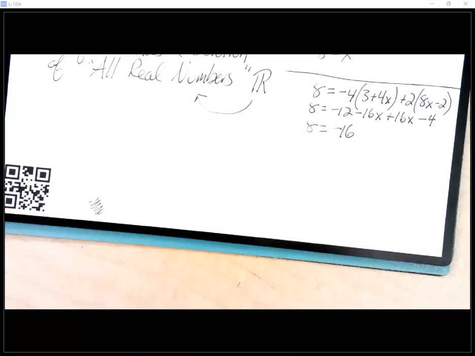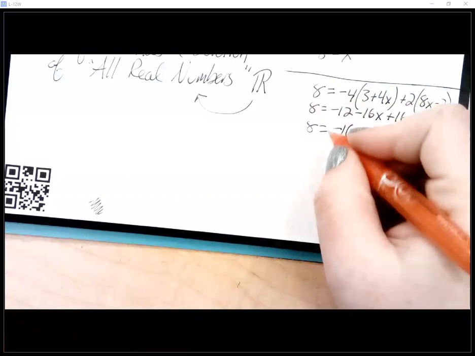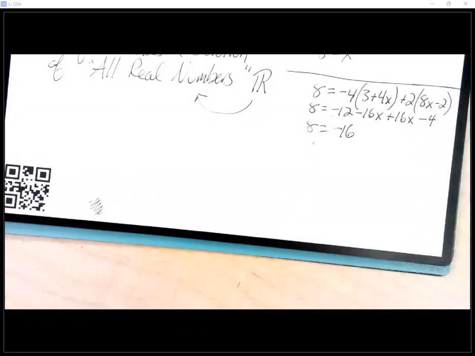So when that happens, the variable is still gone, but I end up with a false statement. That means that there is no solution to this. No number will work. You can try anything you want. Nothing is going to work out.